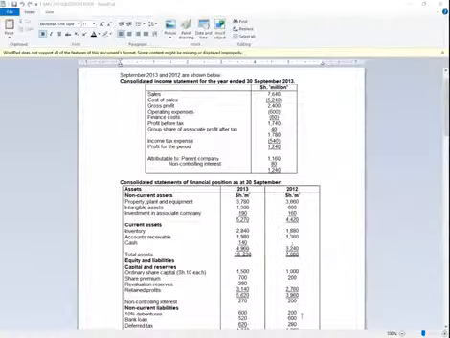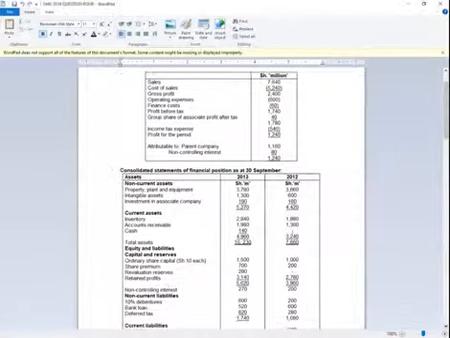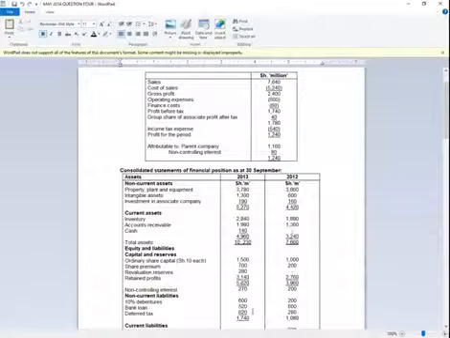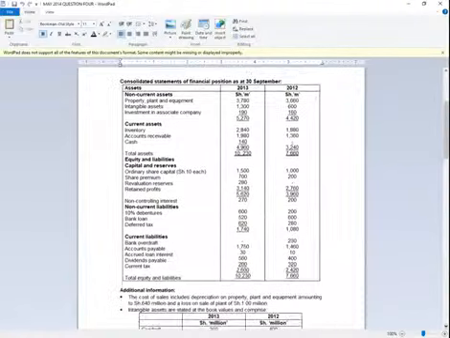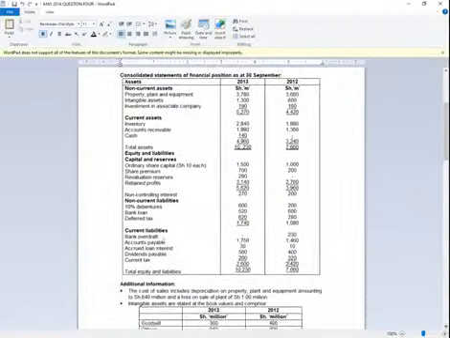I'll take the deferred tax difference, 280 minus 620, plus the current tax difference. The current tax difference, what do we have here? We'll take plus 320 minus 260.